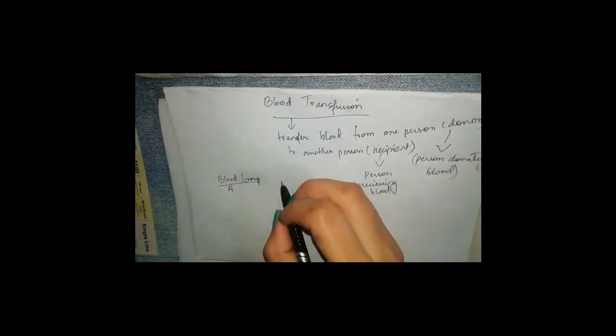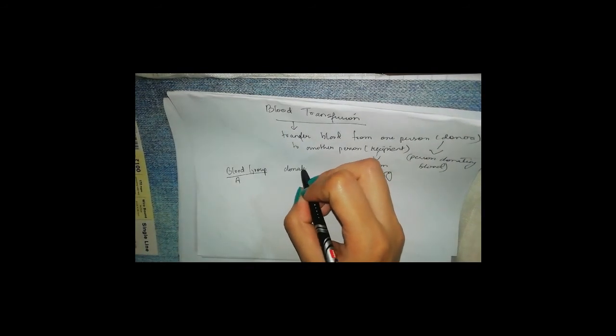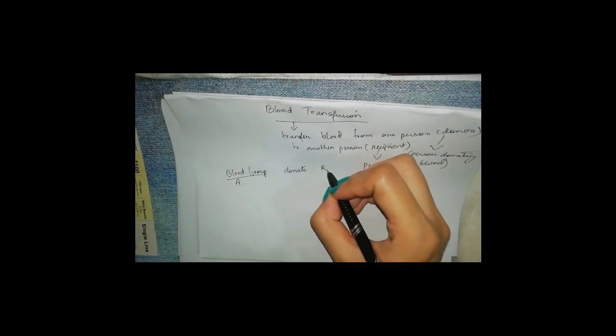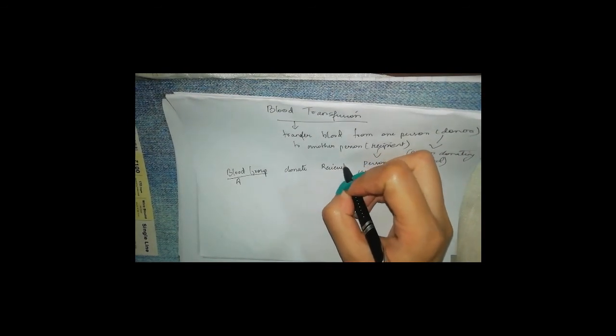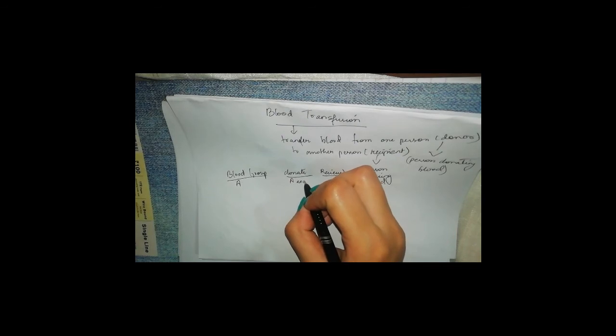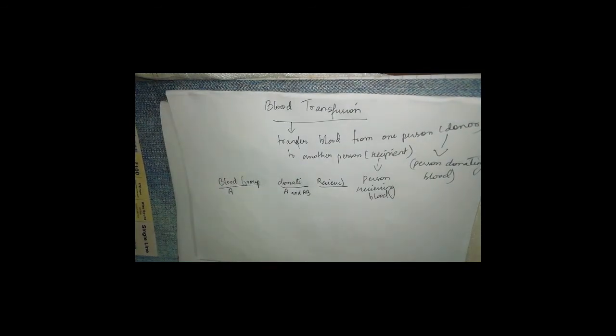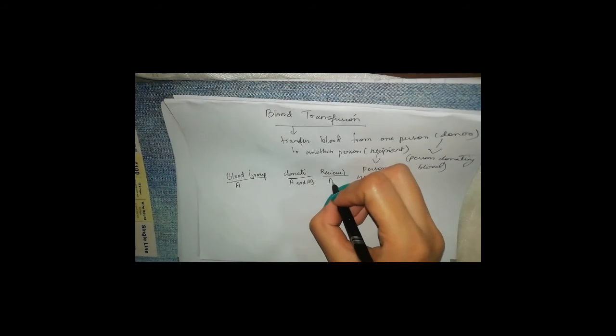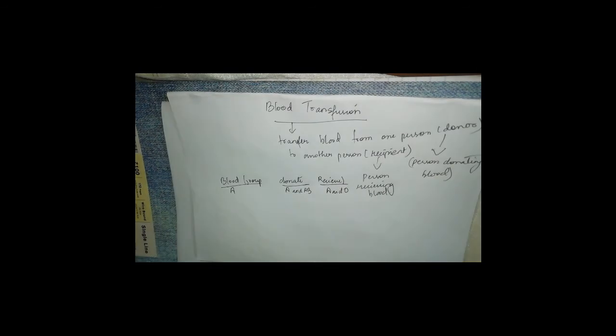Here I'll write donate, in short form, and here I'll write receive. If I'm blood group A, I can donate blood to A and AB, but I can receive blood only from A and O.